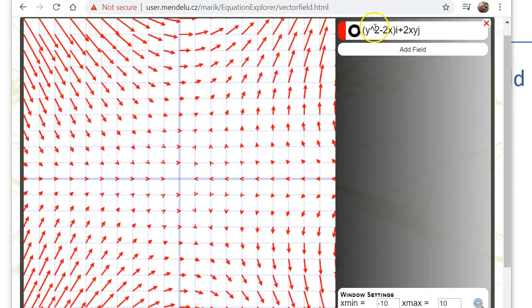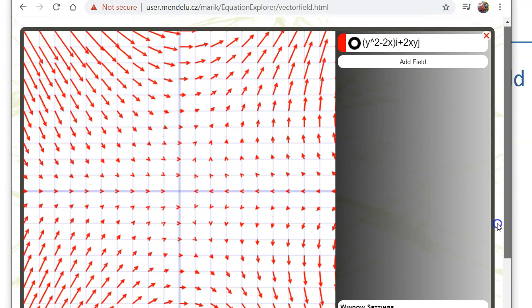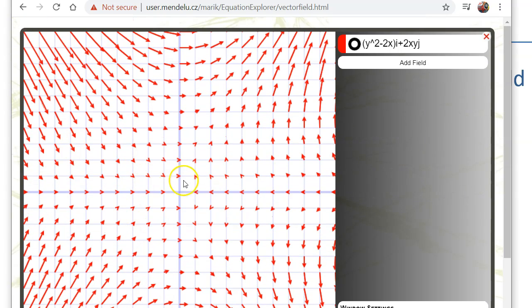This is how I'm getting the i components. This is how I'm getting the j components. And I've got this field. I've scaled this way, way, way down, because these things are huge vectors if I don't scale them down as we move away from the origin. But anyway, we see that motion. We see that it goes down, it turns, it goes back up.